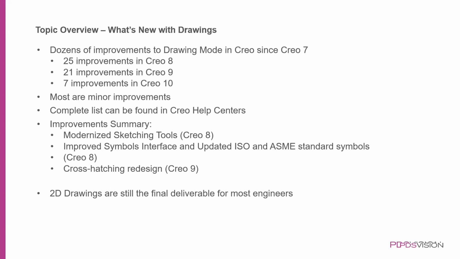A lot of those changes will be mid-release, so 10.0.2.0, 10.0.3.0, a lot of times those will have these changes. It wasn't all done in Creo 8.0.0.0. And the biggest one I would say is a complete redesign of how cross-hatching is handled in Creo drawing mode.